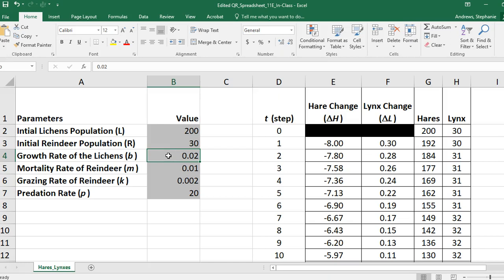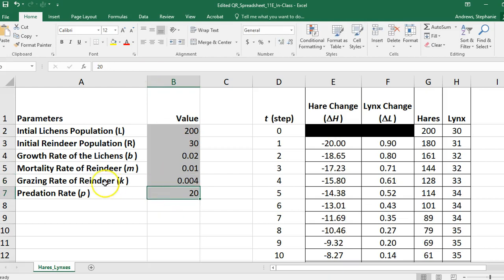It continues on question 5 that the lichen growth rate B is the same as what we had. The reindeer mortality rate is the same, that's what is there, but the grazing rate is a bit higher at 4,000ths.